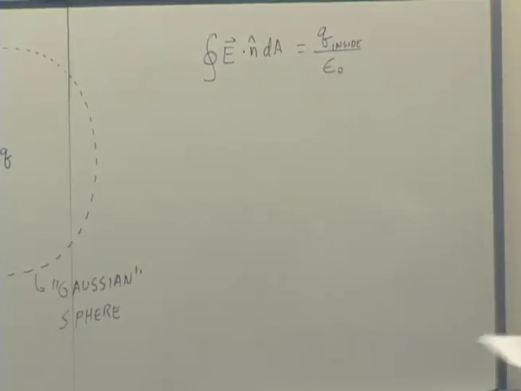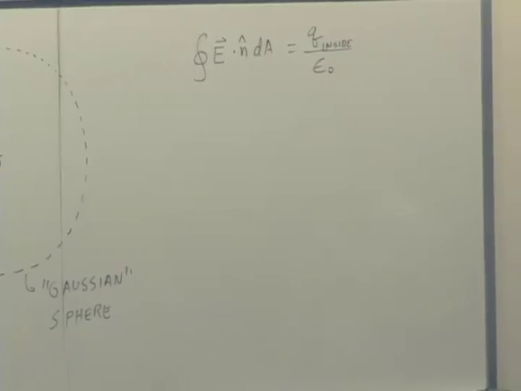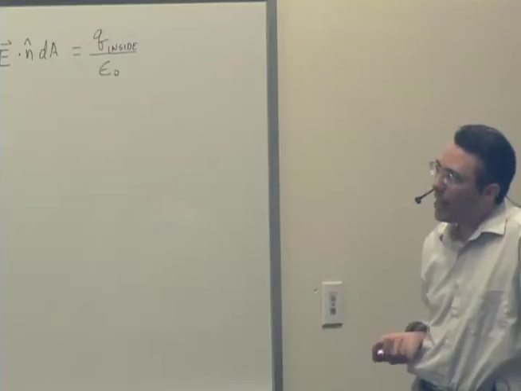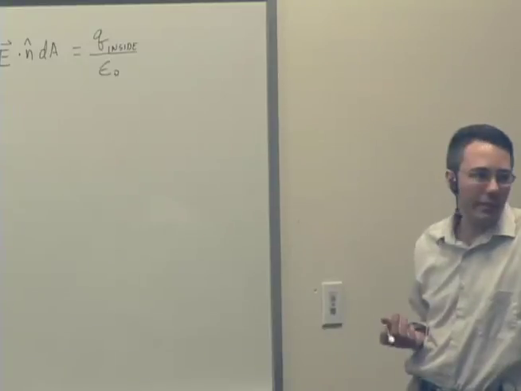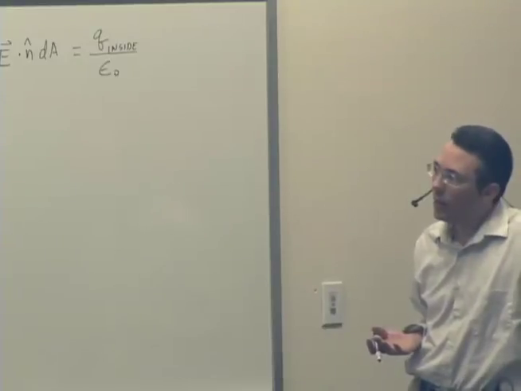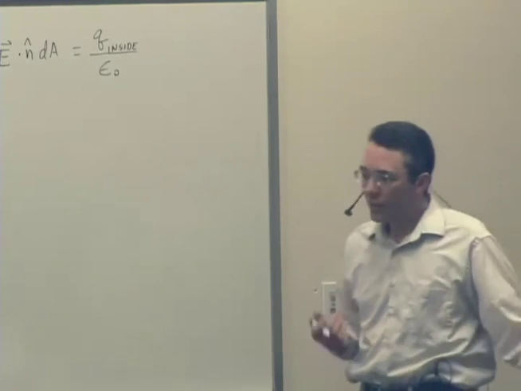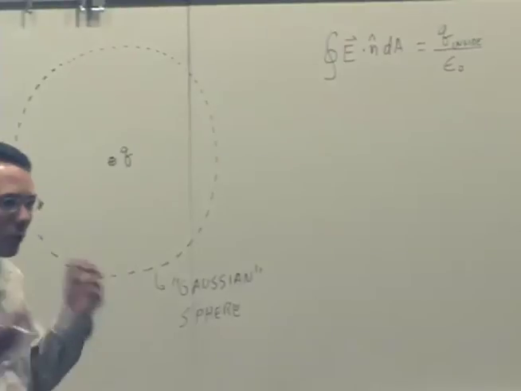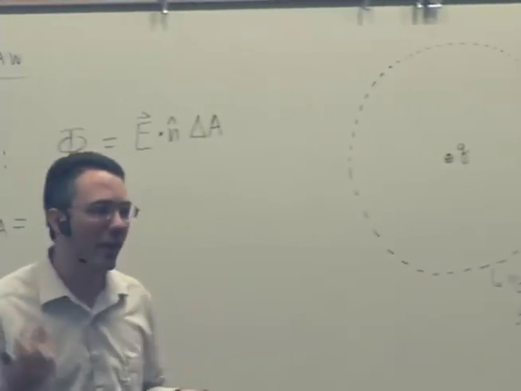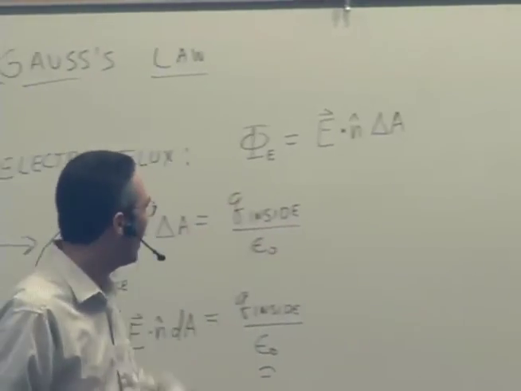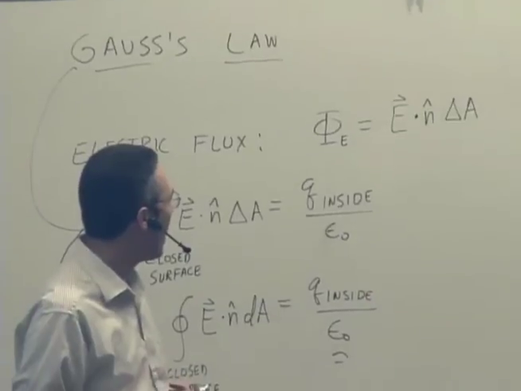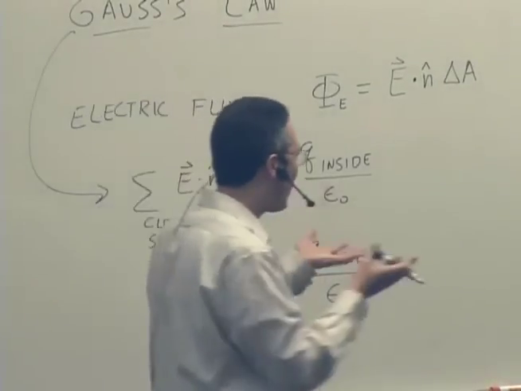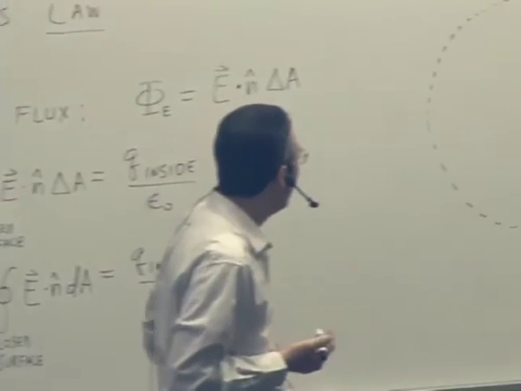And this is one of a very small number of situations where you can actually use Gauss's law to calculate the electric field on the surface. So what it involves is doing some geometric reasoning, thinking about the symmetry of the situation and thinking about how to use that to make an integral that's kind of easy to do.